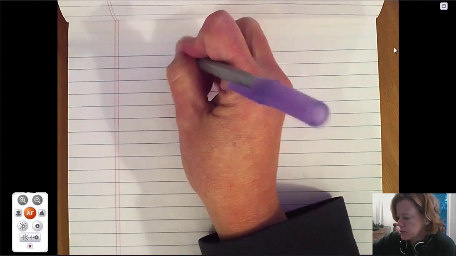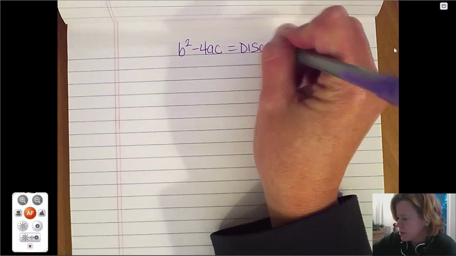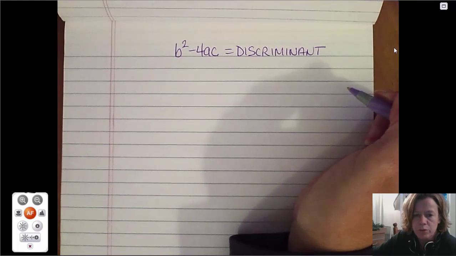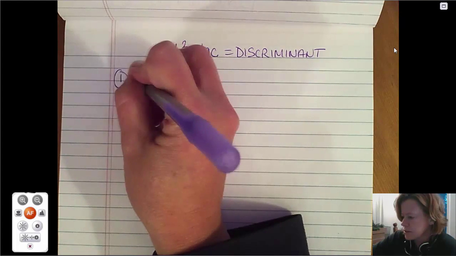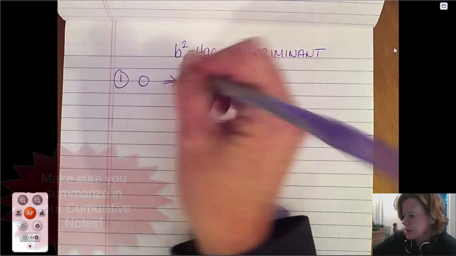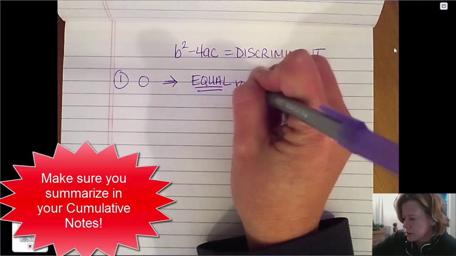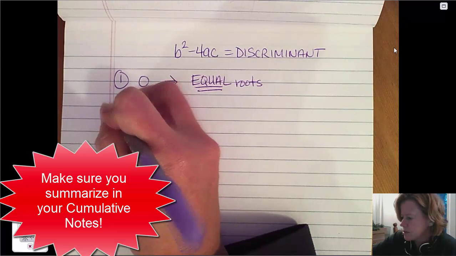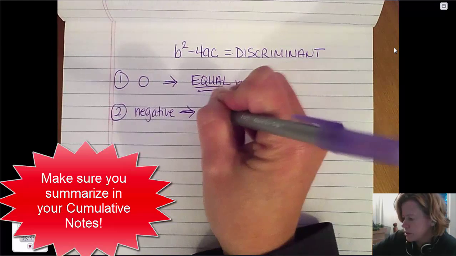To summarize, there are 4 cases. We use the discriminant b squared minus 4ac to tell us about the roots without solving. If the discriminant is 0, the key word is that I have equal roots. You'll also hear real and rational, but equal is the key word. If my discriminant is negative, I have imaginary roots.